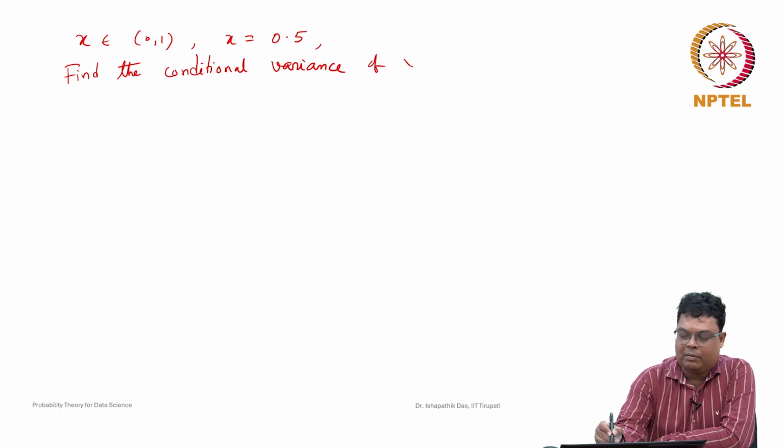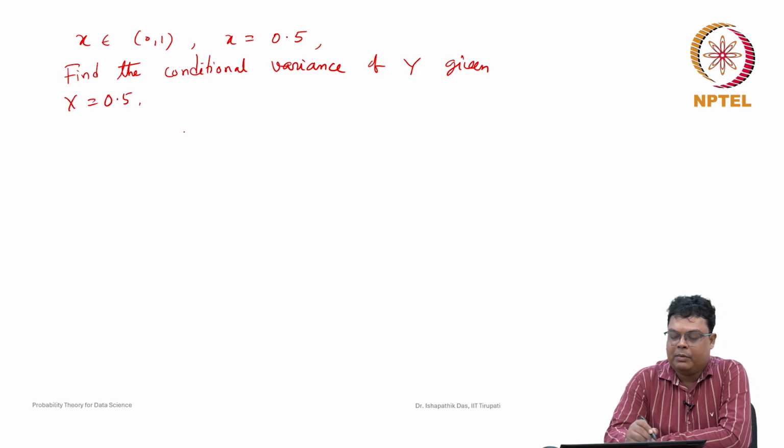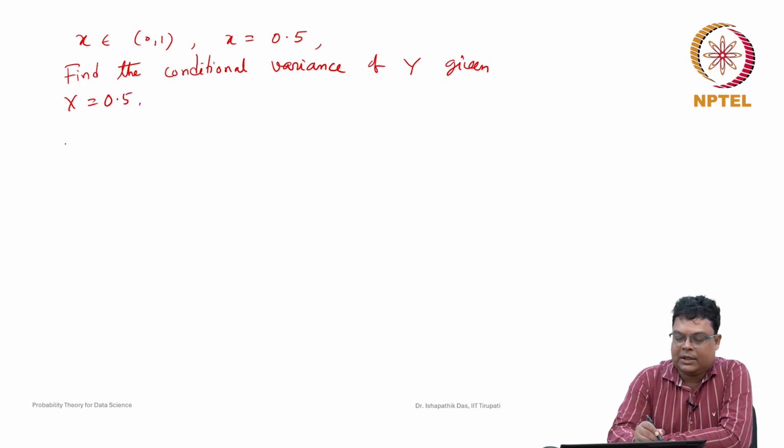the conditional variance of y given x equal to 0.5. If you want to find this, by definition the conditional variance is the variance of y given 0.5.